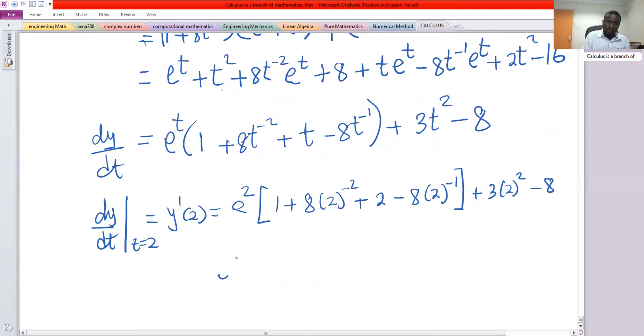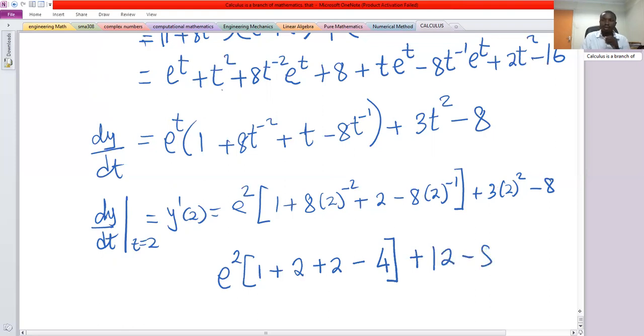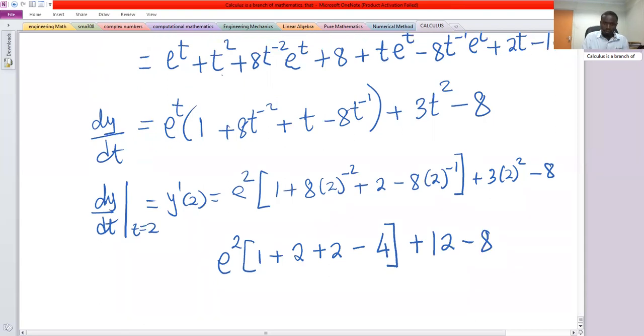So this would be e raised to power 2 times, one plus, so 2 raised to power minus 2 is the same as a quarter, times 8 is 2, plus 2 minus 4, plus 3 times 2 squared, 2 squared is 4, times 3 is 12, and then minus 8.